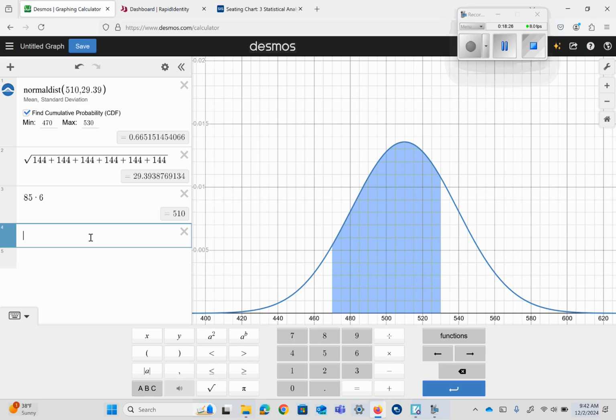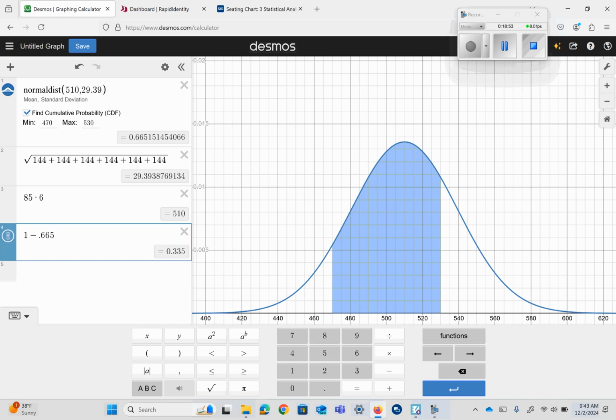So I'm going to go 1 minus 0.665. So it means my store is rejecting 33.5% of them. I do the complement of it. I have to subtract 100% from the percent or 1 from the decimal. So that's basically everything that's taken place on that problem.